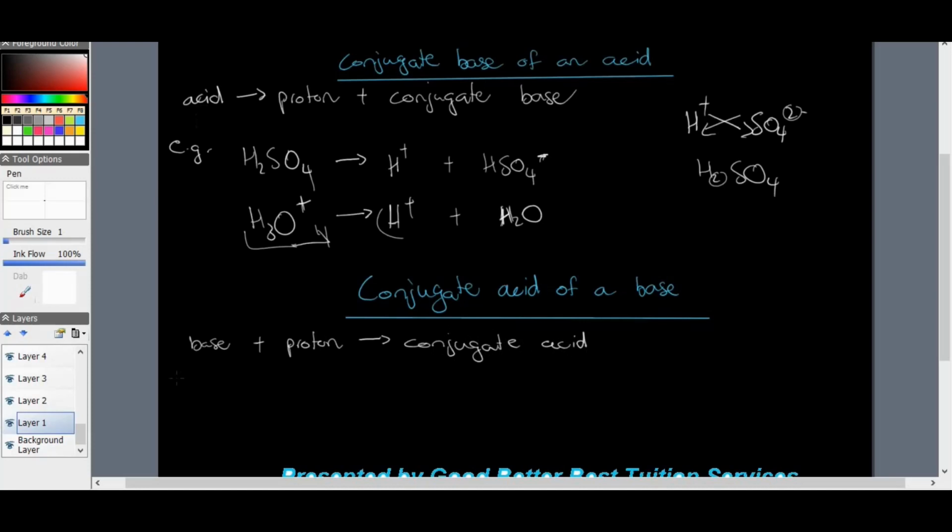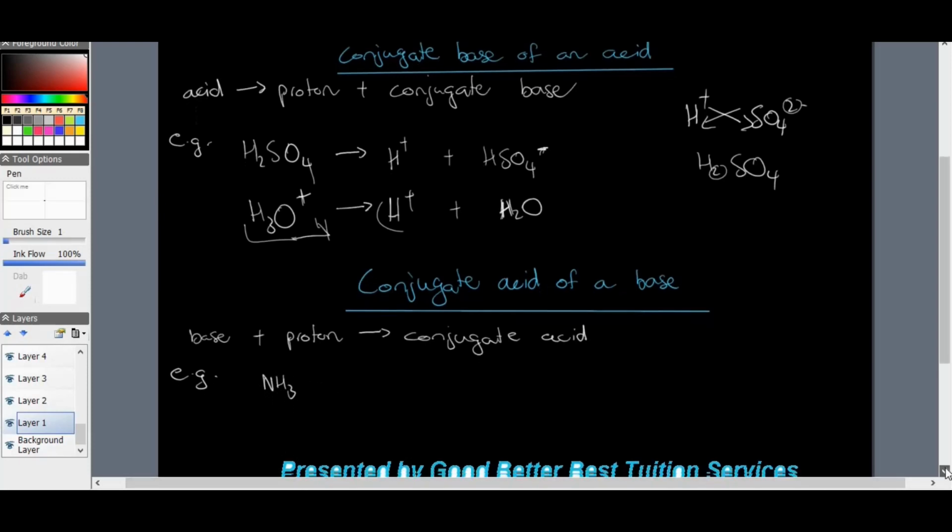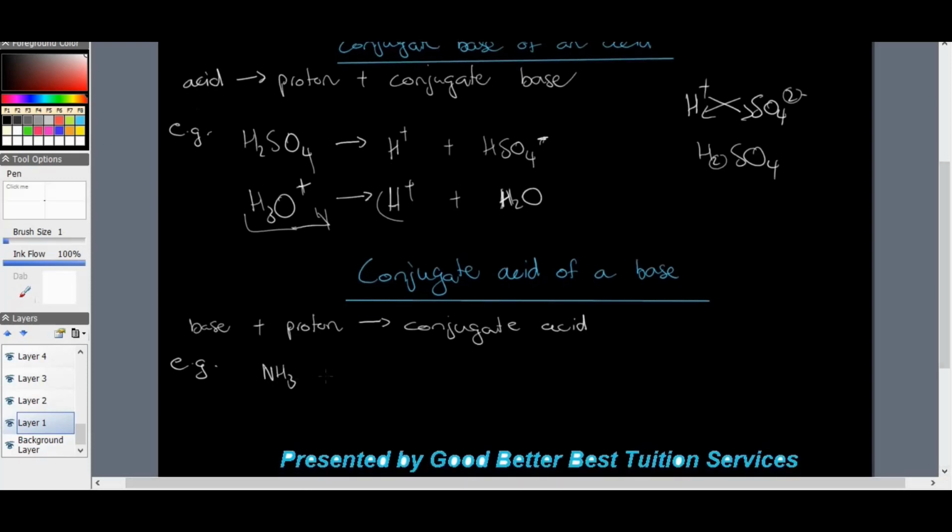Let's take maybe two examples. Let's say we have the base ammonia, which is NH3. We add a proton to it. What do we end up with? We end up with ammonium, which is NH4+.